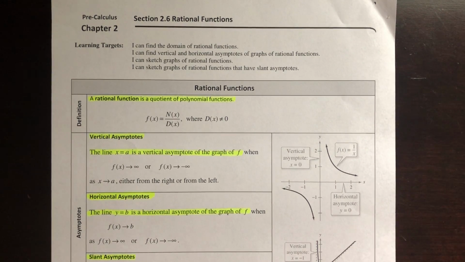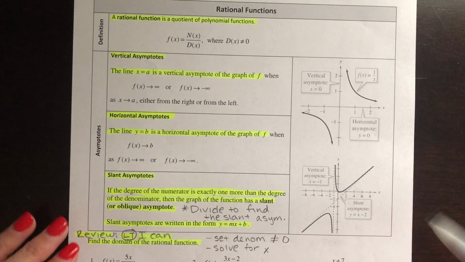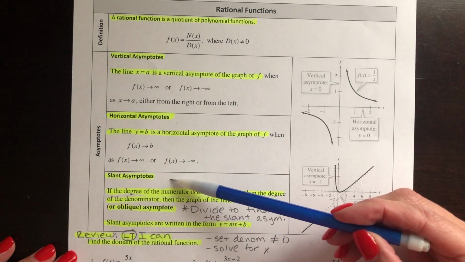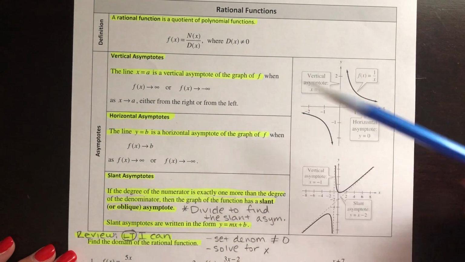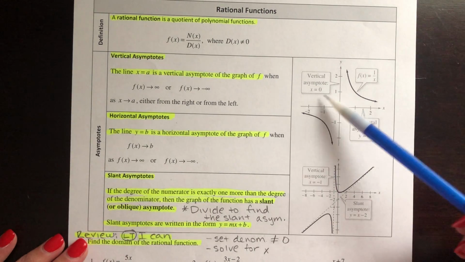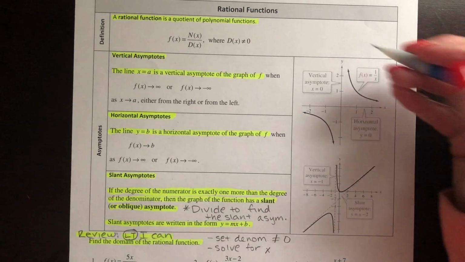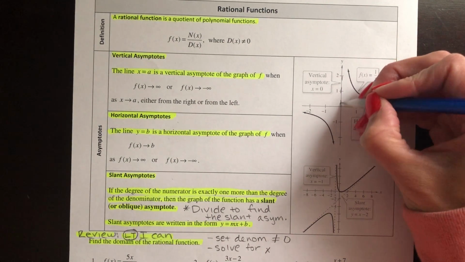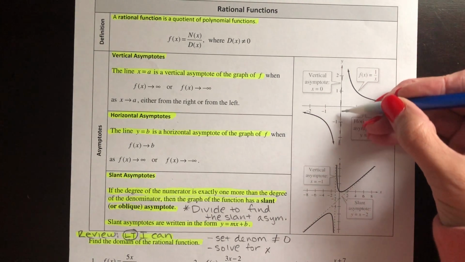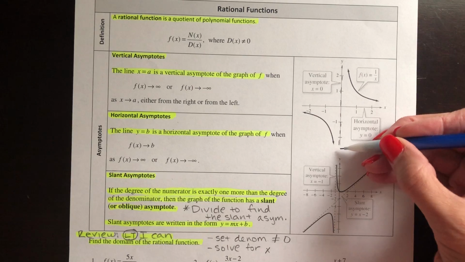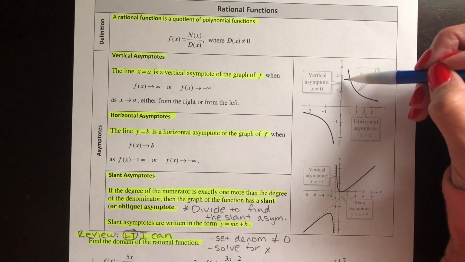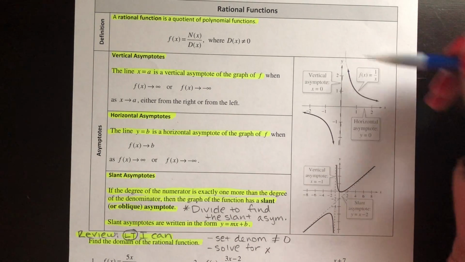So three kinds of asymptotes we're going to talk about: a vertical asymptote, a horizontal asymptote, and a slant asymptote. In this first example, we see a vertical asymptote of x equals 0. You could draw an imaginary dotted line down x equals 0, and you can see that these graphs are getting closer and closer as it goes up.